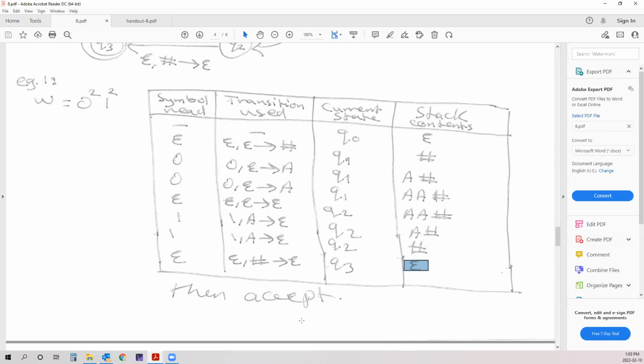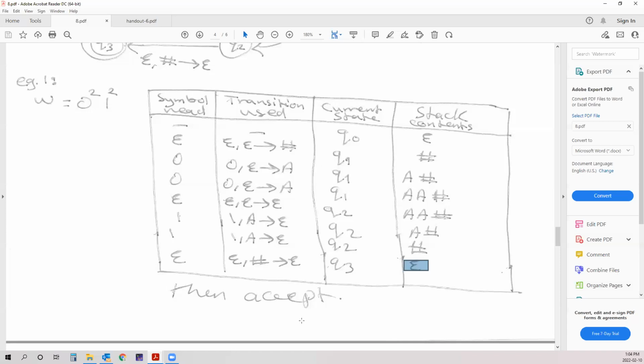Hash means the bottom of the stack, same as the $ sign example in the handout. Okay, Tammy? Good. So you can use any symbol, as I told you, at, question mark, whatever you want.